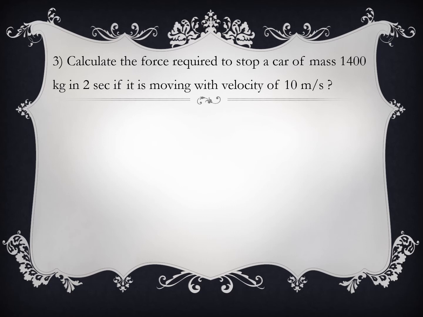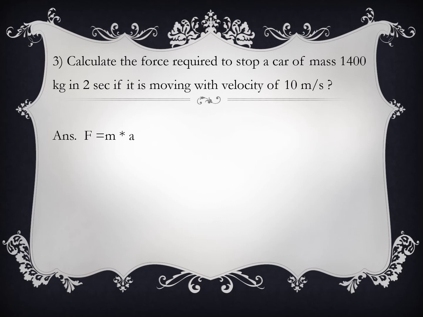So there are 5 variables in this problem and we have to find the force to stop a moving car. According to Newton's second law of motion, F equals mass into acceleration. Here the mass of the car is 1400 kg. And what about the acceleration of this car?